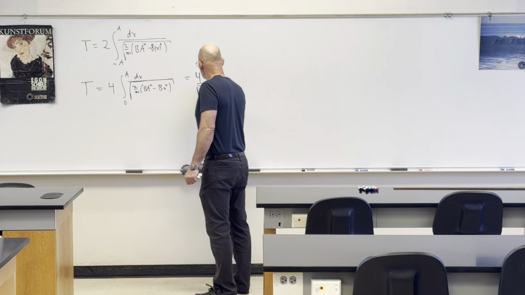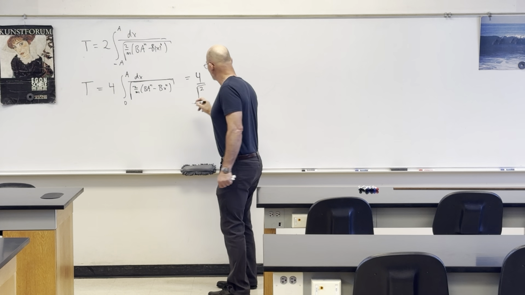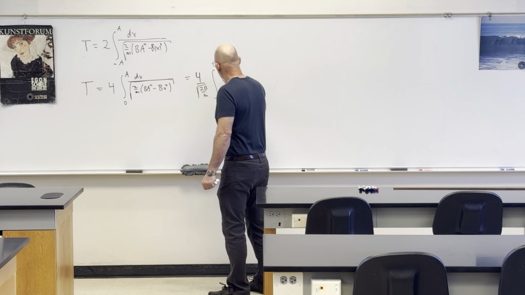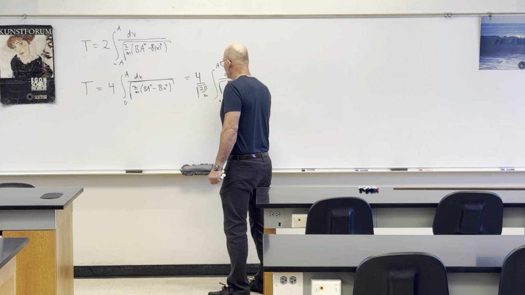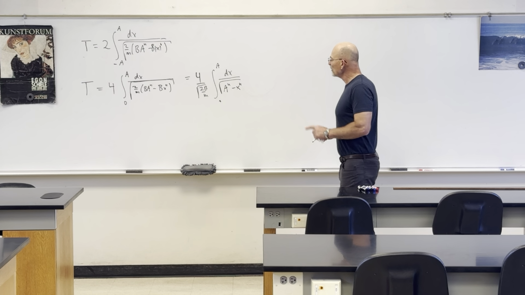Root 2 over m, and what else can we pull out? We can pull out a b, so we can have root 2b over m, and 0 to a, dx, root a to the n minus x to the n. Well, we can do one more step here.